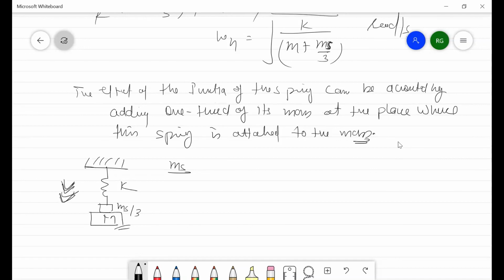So this is how we can consider the inertia of the spring and its effect on the natural frequency of the spring mass system. So thank you.